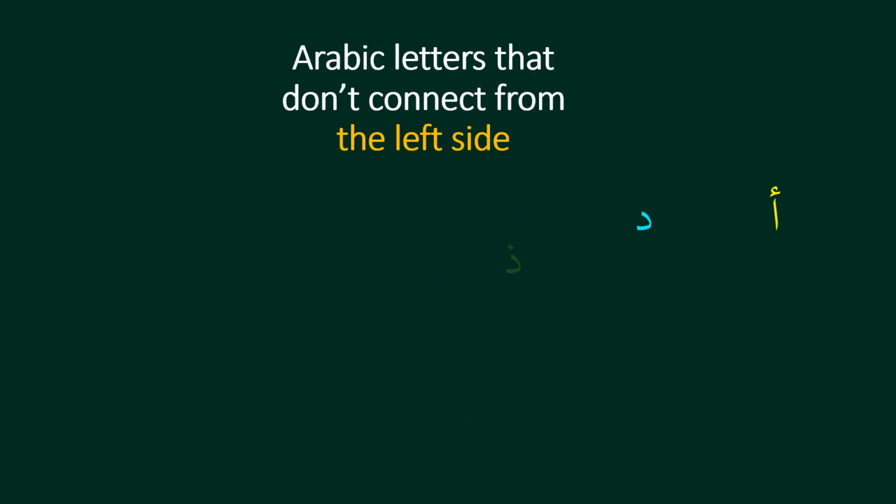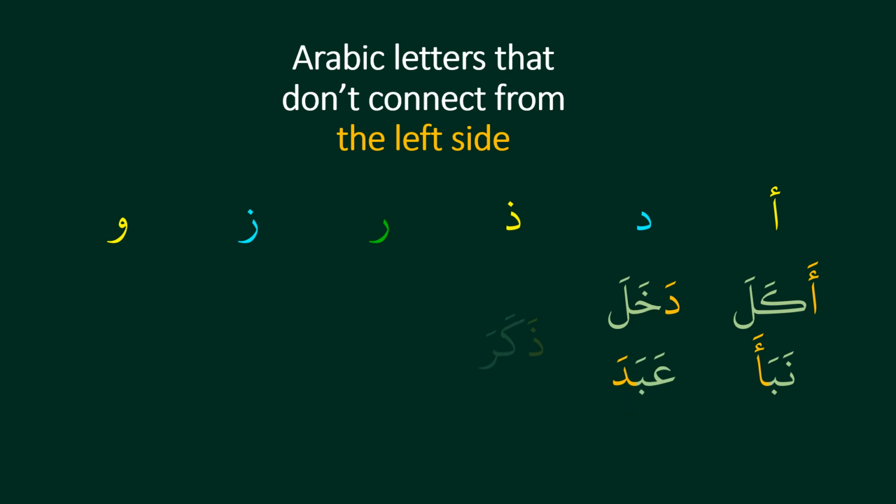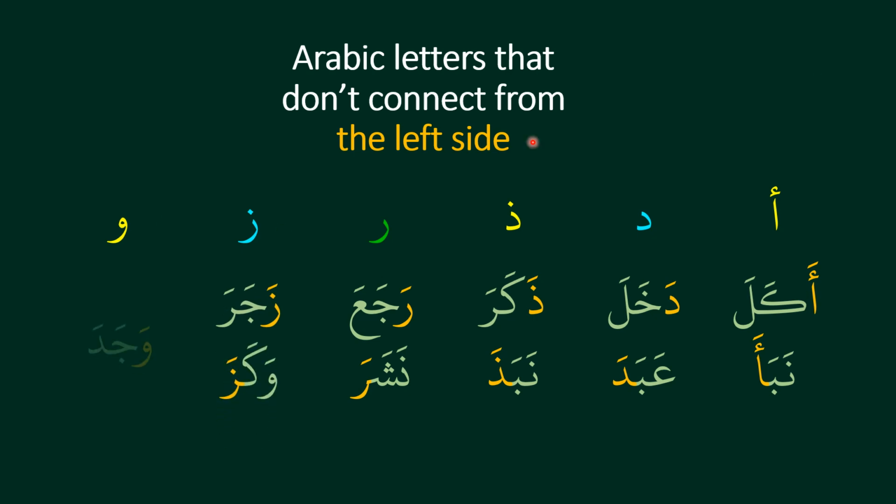Okay, as I've mentioned earlier, I will tell you which Arabic letters connect and which don't. Basically, all the Arabic letters connect except for these 6 letters: Alif, Dhal, Zal, Ra, Zay, and Waw.